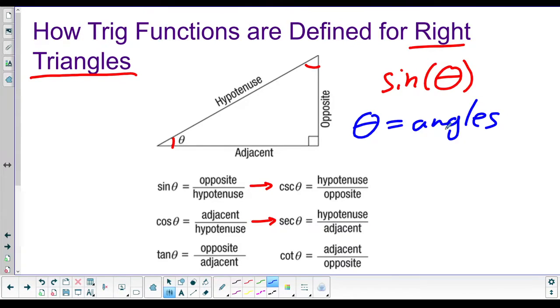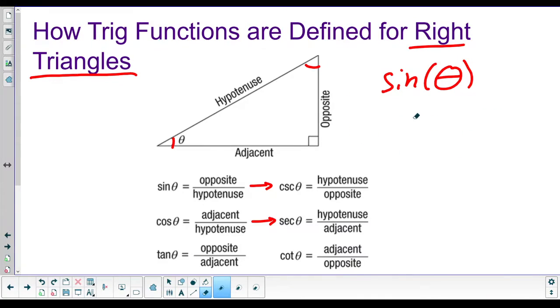It's like x or y. You can put x or y here instead if you like, but most people use theta because everyone uses theta, so it's a good thing to use. So sine of theta, not sine times theta.